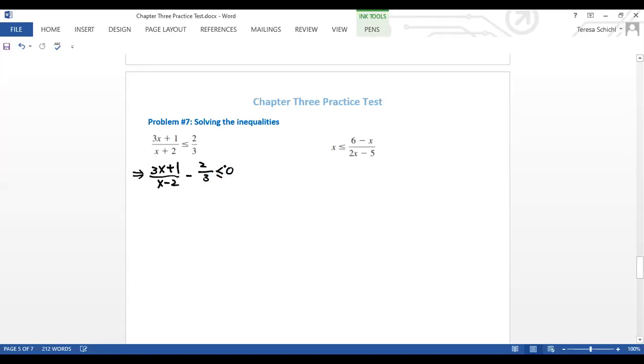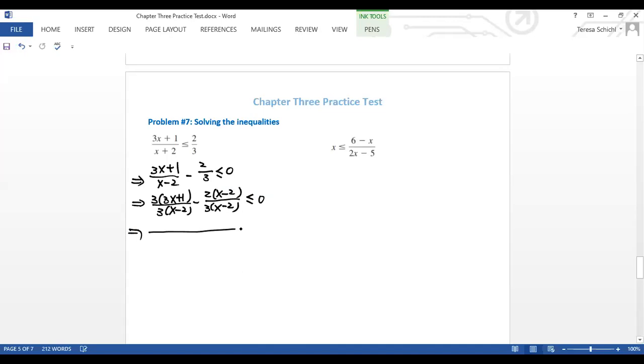What is the next thing? We need to find the common denominator and combine it, right? So this will be 3 times (3x plus 1) minus 2 times (x minus 2), over 3 times (x minus 2), less than or equal to 0.